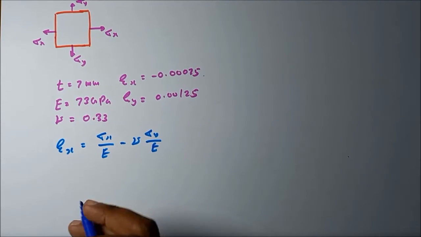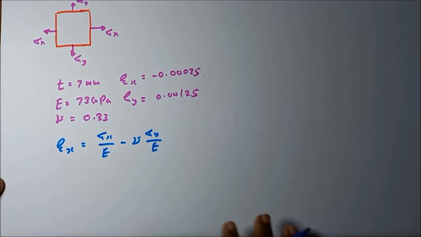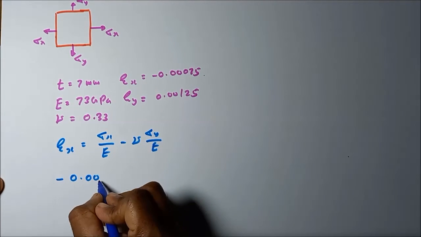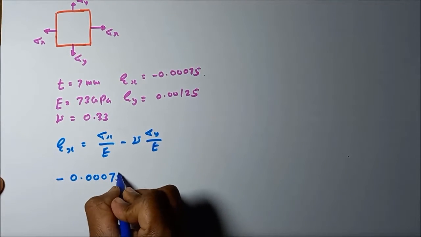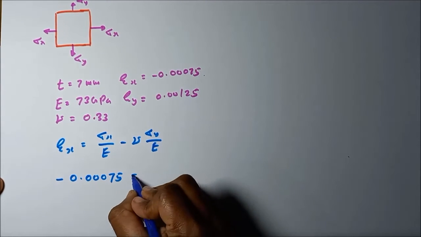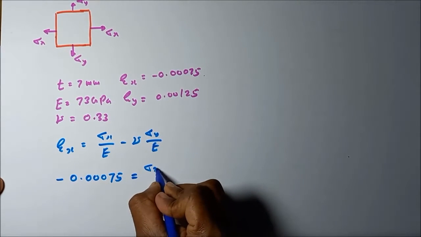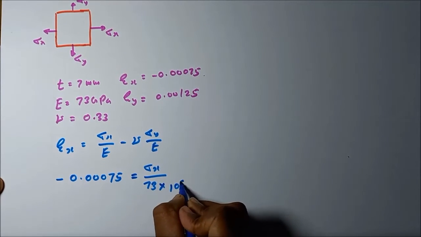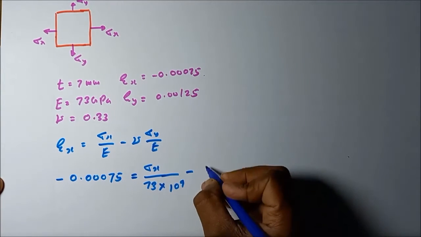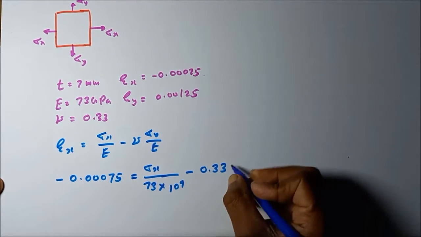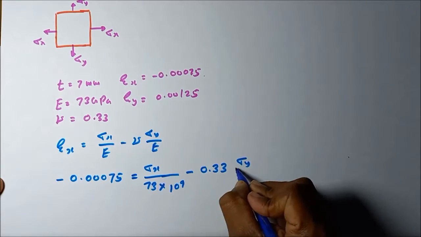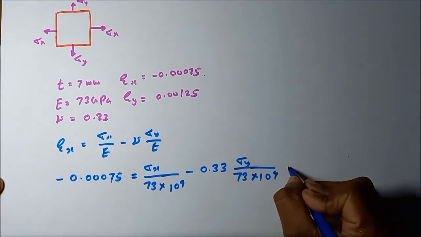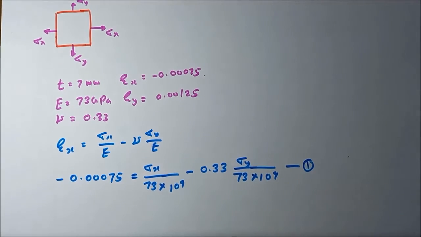Strain in x direction is given as minus 0.00075, equal to sigma x, we have to find sigma x, divided by 73 into 10 to the power of 9, minus 0.33 sigma y divided by 73 into 10 to the power of 9. Let's take this as equation 1.